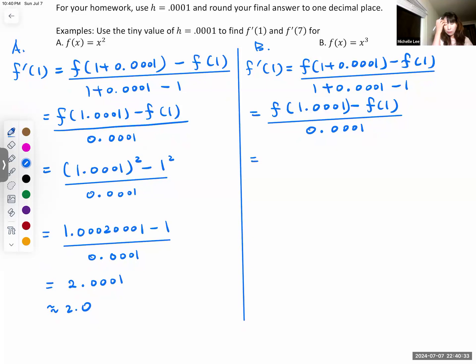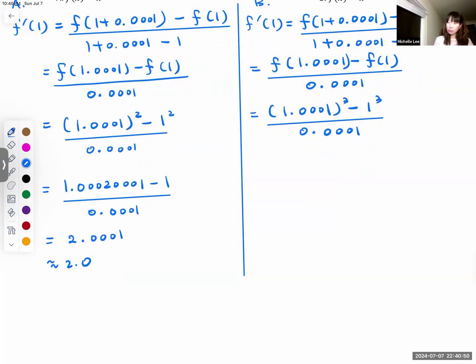Okay, so the function is x cubed, so 1.0001 to the third power minus 1 to the third over 0.0001. So if we calculate, this is a 3. All right.